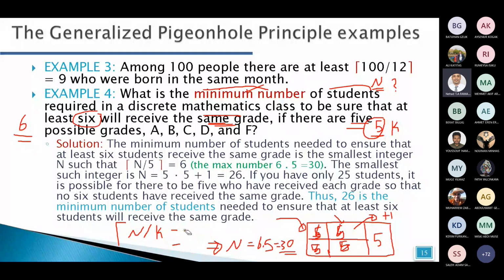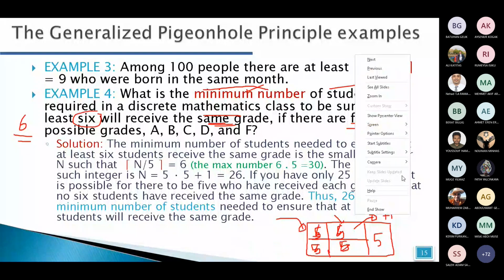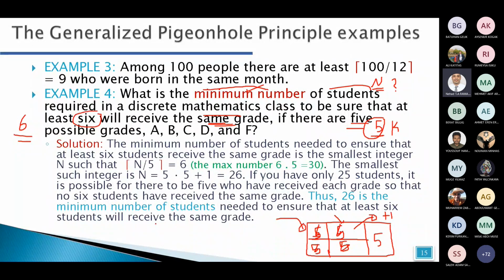We have actually 5 holes, and we need each hole to have 5. So 5 multiplied by 5 plus the extra one, which is 1. So we have 26. We must have 26 students, the minimum number of students, to show that at least 6 students have the same grade.